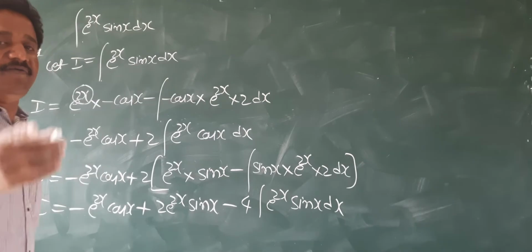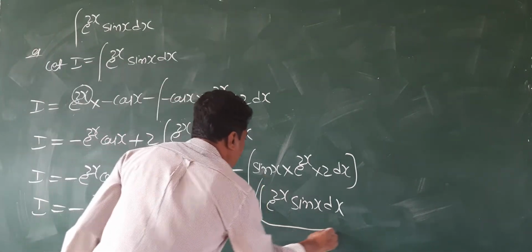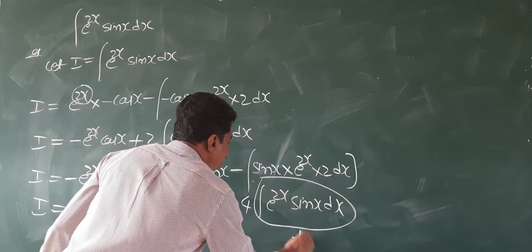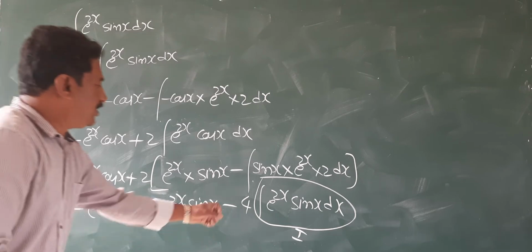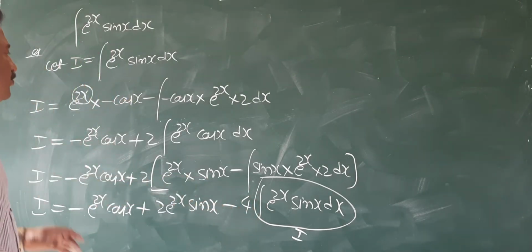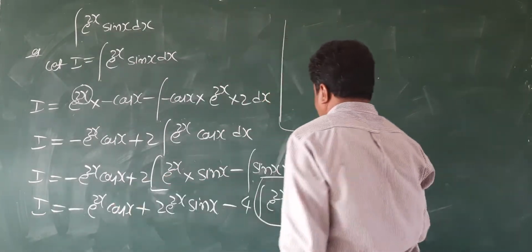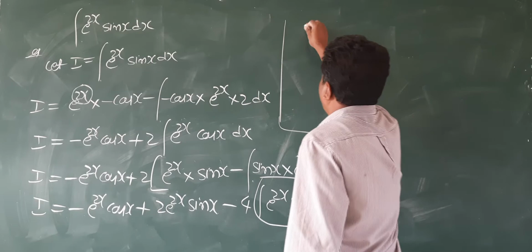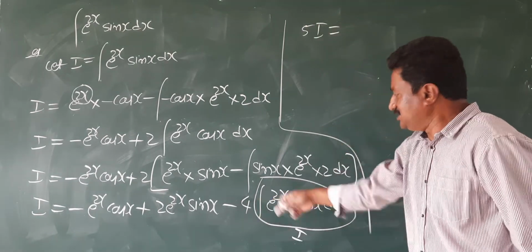We got back our I. So it becomes minus 4I. Bring that minus 4I to this side: minus 4I plus I becomes 5I.